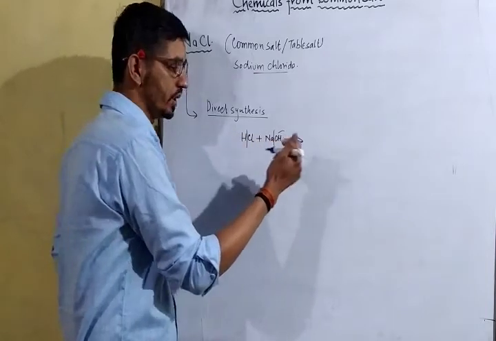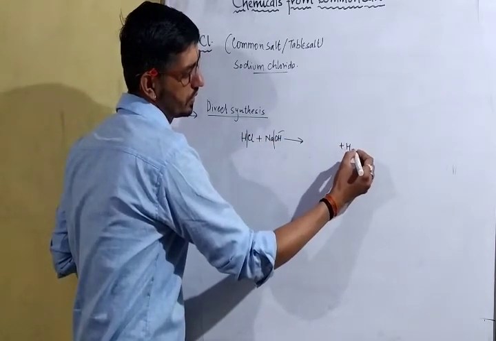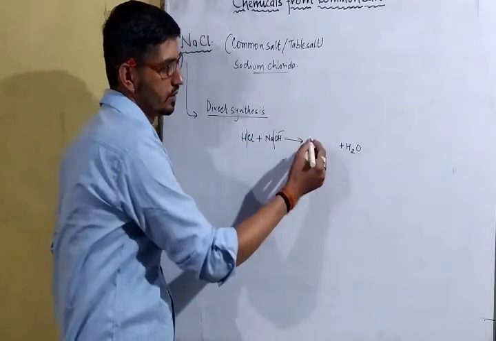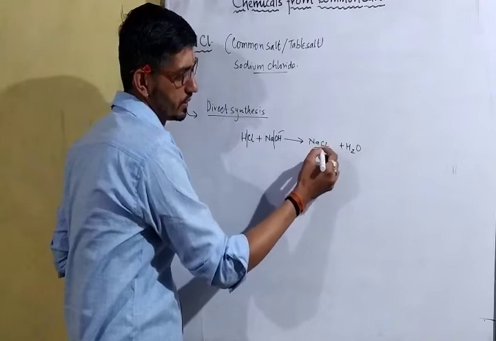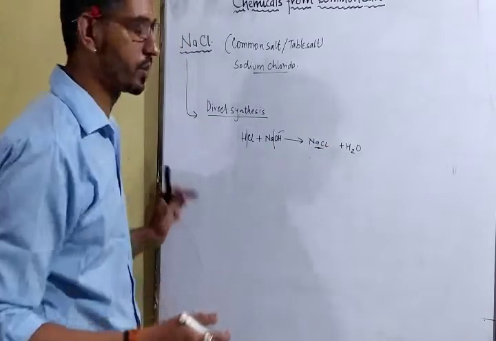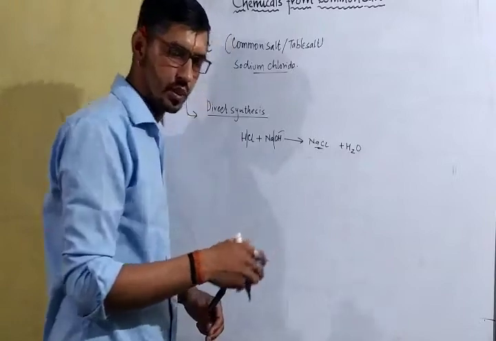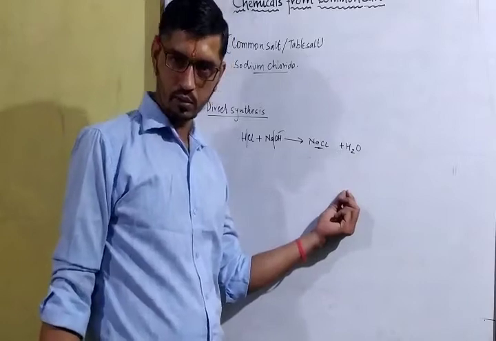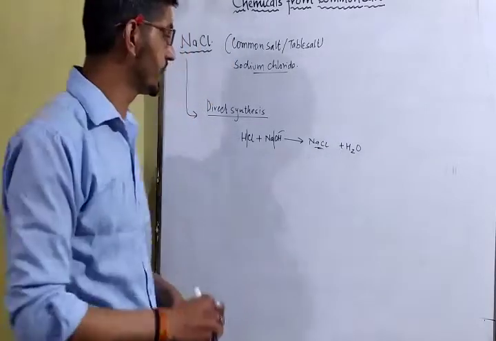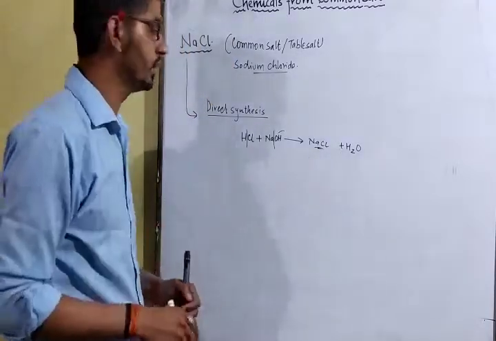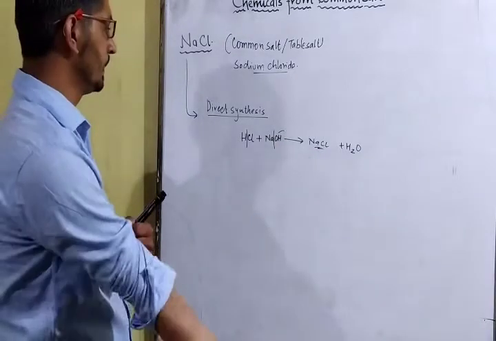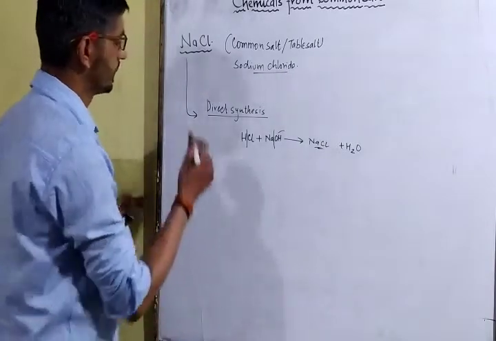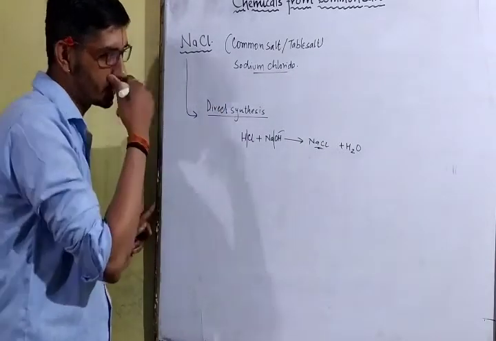This H and this OH will produce H2O, and what is left is NaCl. This is a very important and easy process. We get NaCl from seawater and rock salt, and we can prepare it in the laboratory as well by the direct synthesis method, using HCl and NaOH.